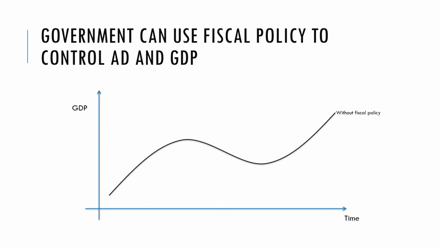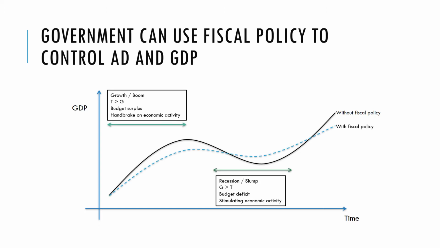So actual GDP might be lower than we imagined. So if we have a look at the dotted blue line here, this shows us what GDP might be like with fiscal policy. So during a period of growth, tax revenues are likely to exceed government spending. We're running a budget surplus, which is a withdrawal. So that's likely to be a handbrake on economic activity.